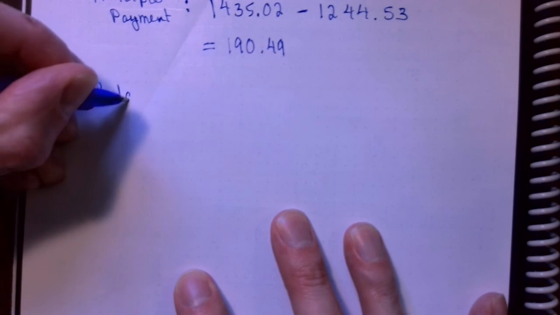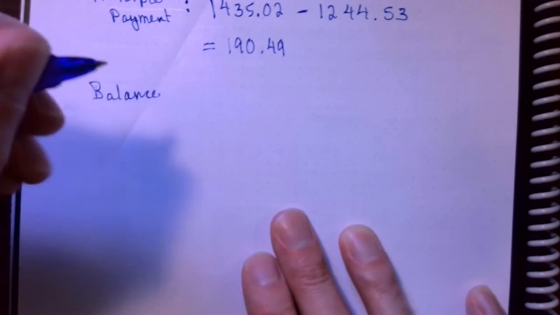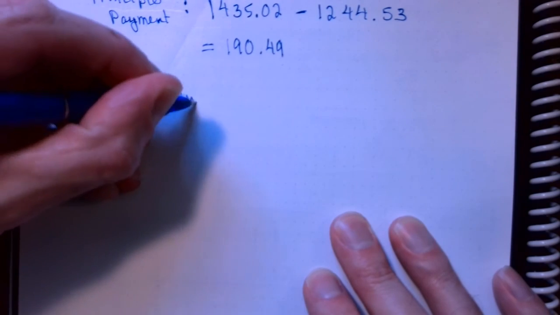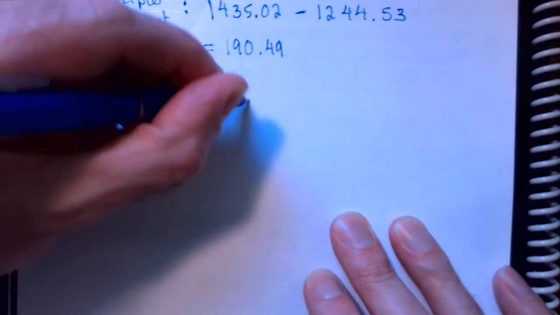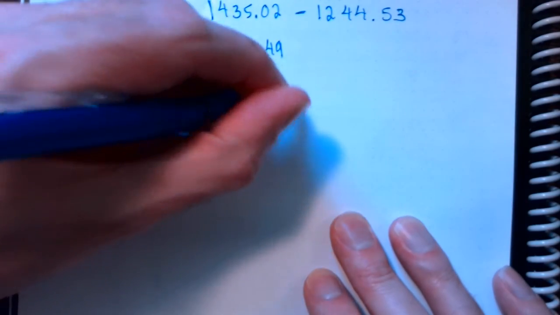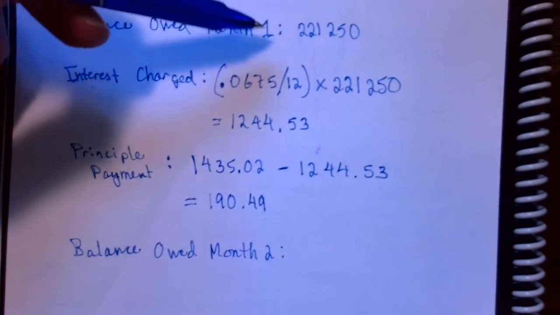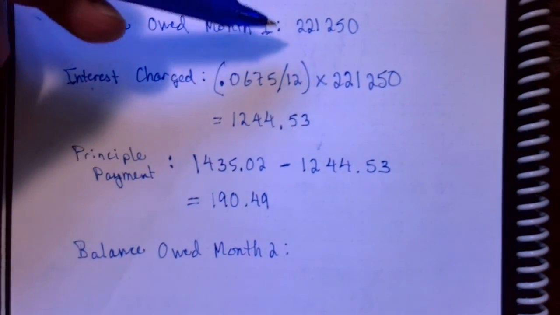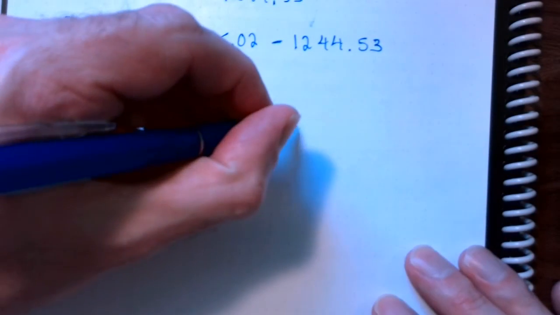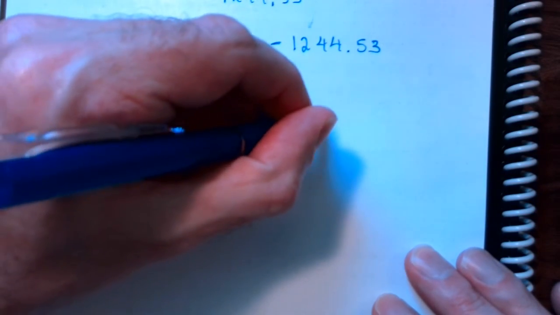And I know the question didn't really ask us this, but this is important and interesting to look at here. In the first month, you owe the full amount of your mortgage. Okay, in the next month, you owe this amount.